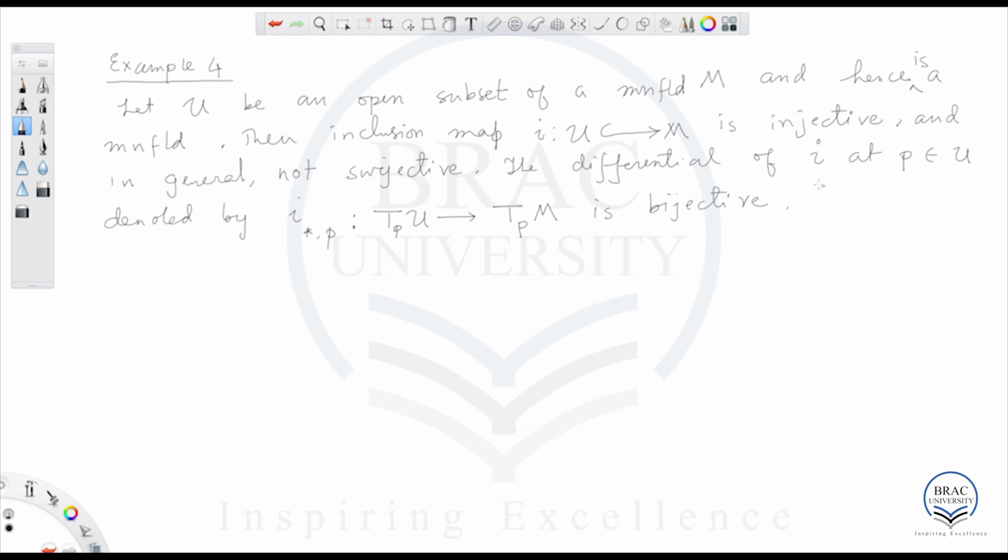Indeed, the dimension of T_p U is equal to the dimension of T_p M, as these two vector spaces are isomorphic.